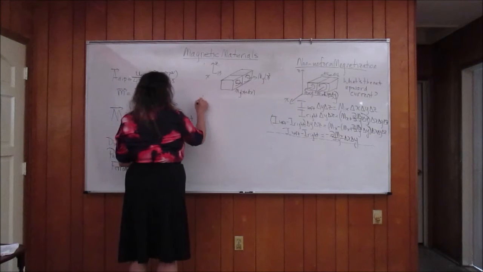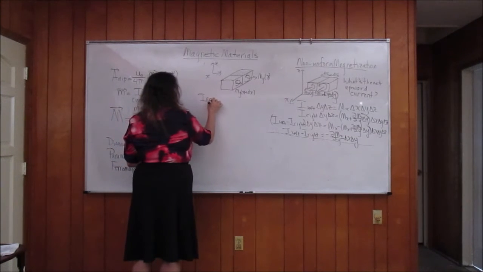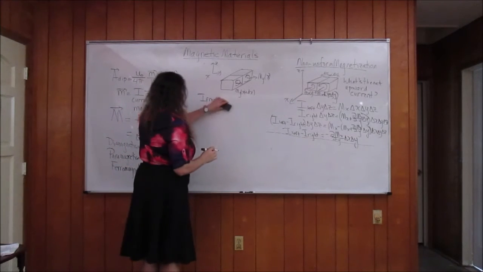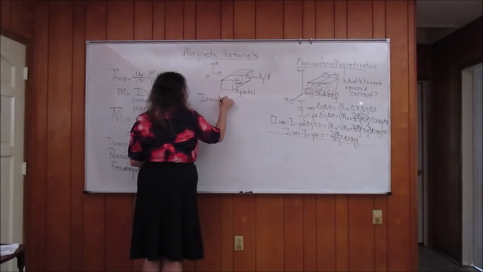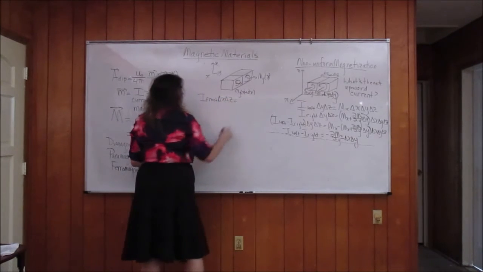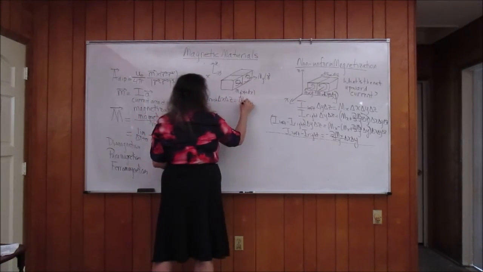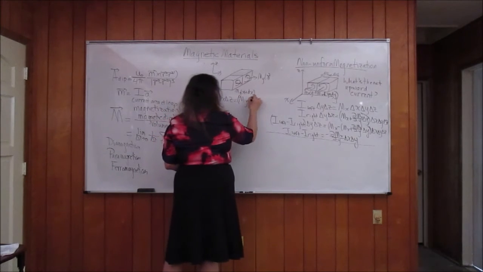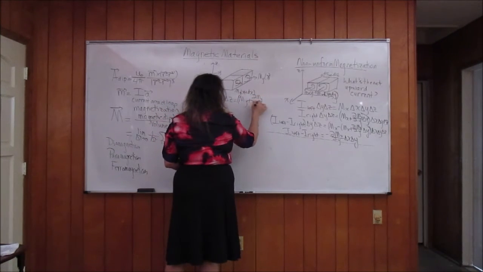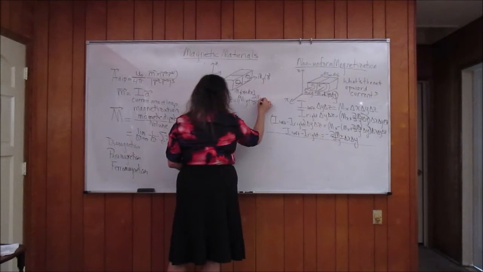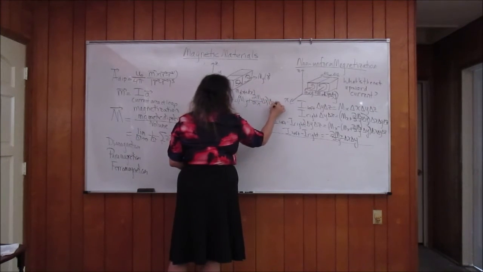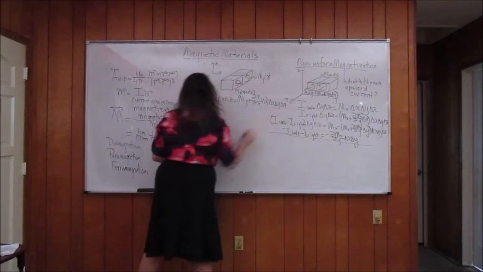In the front, I front times delta x, delta z is equal to my plus the partial derivative of my with respect to x, delta x, times delta x, delta y, and delta z.